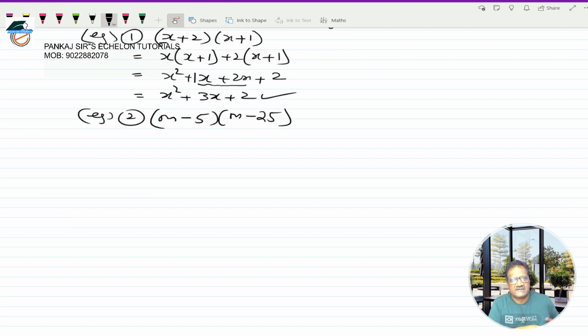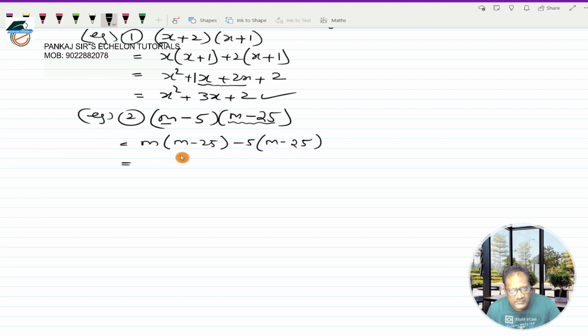So you have to find the product, right? Again you take this m, the first element of the first binomial expression, multiply by the entire second binomial expression, that is m minus 25, close the bracket, then take this minus 5 and do the same thing, multiply by the second binomial expression, m minus 25. Once this is done, you have to remove the brackets.